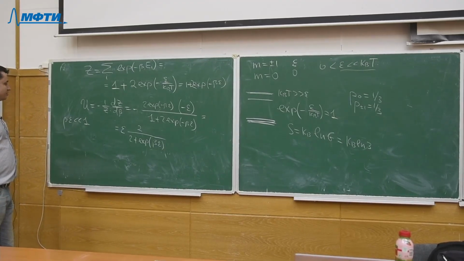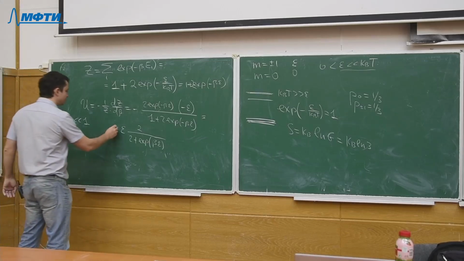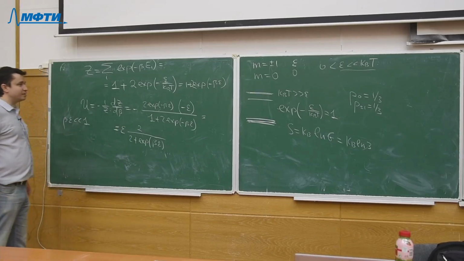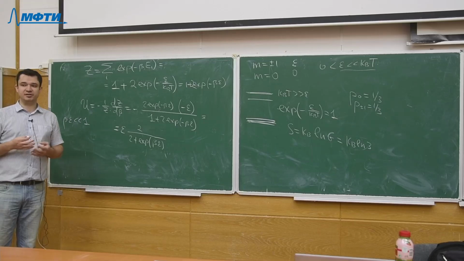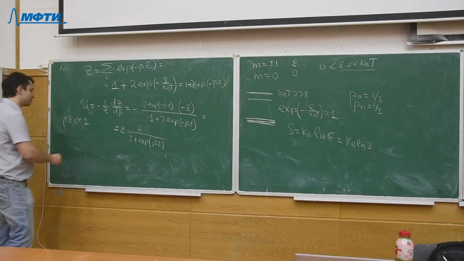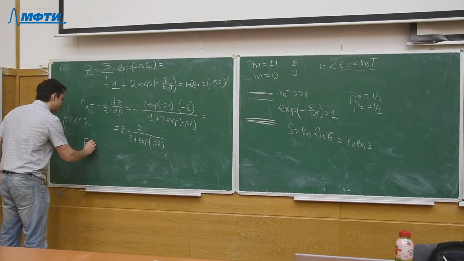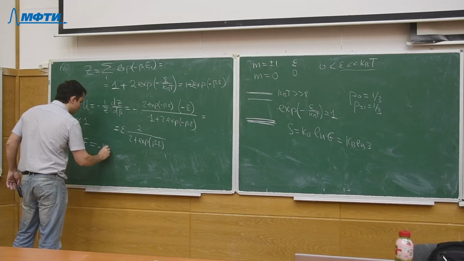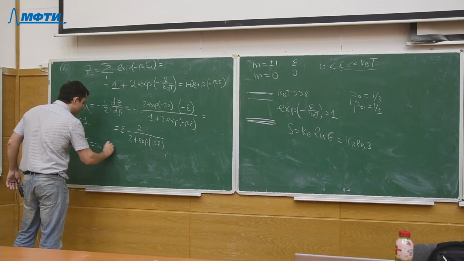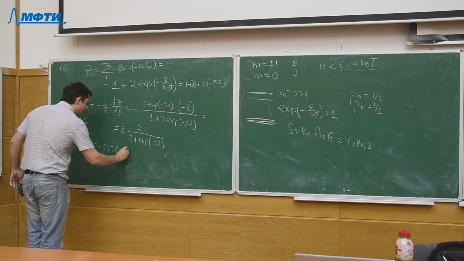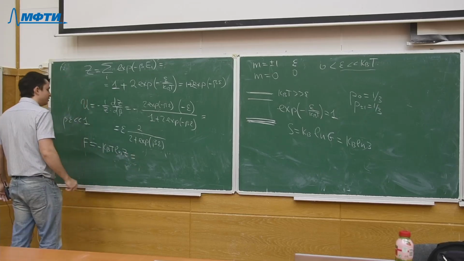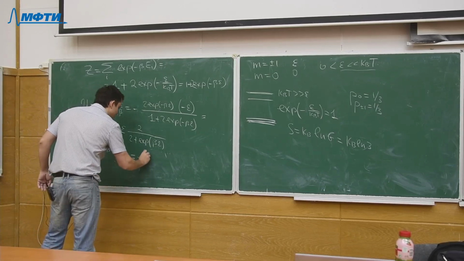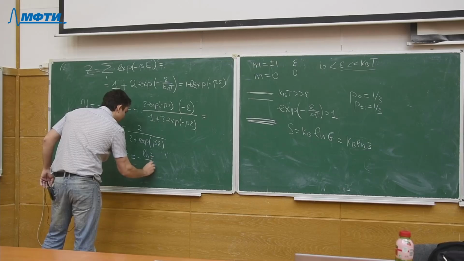Okay, so now we calculate the entropy. I think I have shown you in one of my previous lectures, one of the best ways to calculate the entropy is you should first determine the free energy of the system. The free energy is equal to minus kBT logarithm Z, or you can write it as minus logarithm Z over beta.